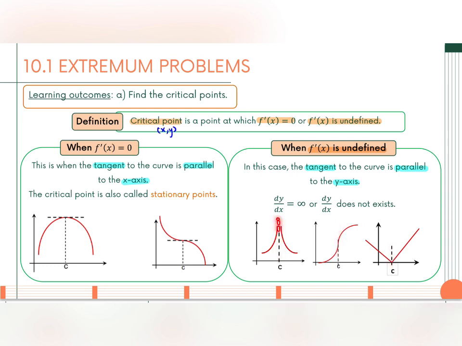So dekat sini kita punya dy dx will be infinity ataupun does not exist. So this is the critical point juga. Cuma dy dx kita akan jadi infinity ataupun does not exist lah. Okay. So ini point yang bila dia parallel ini kita tak panggil dia stationary. So it is considered as critical point sahaja.